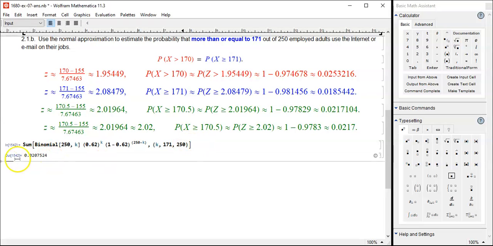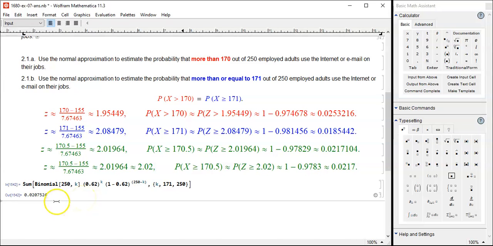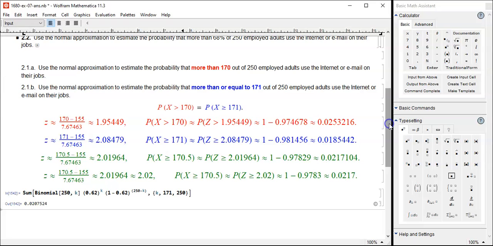And this is the real probability using some brute force computation with 250 people with all those probabilities with binomials in there. And that's supposed to be 2.0207 something. And as you can see, the green values are much better than red or blue.